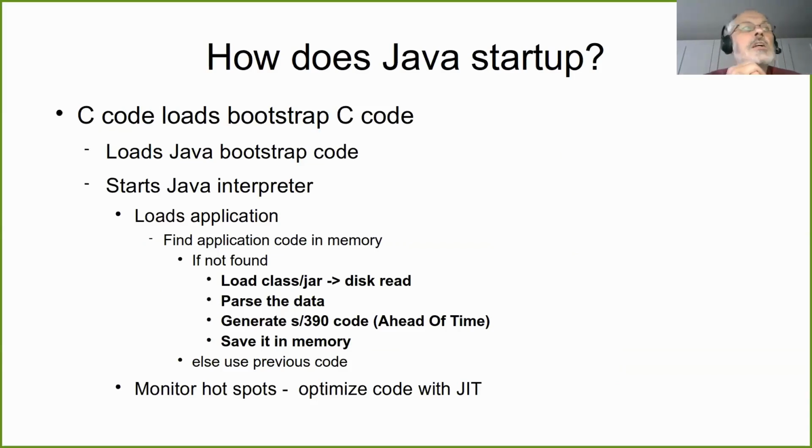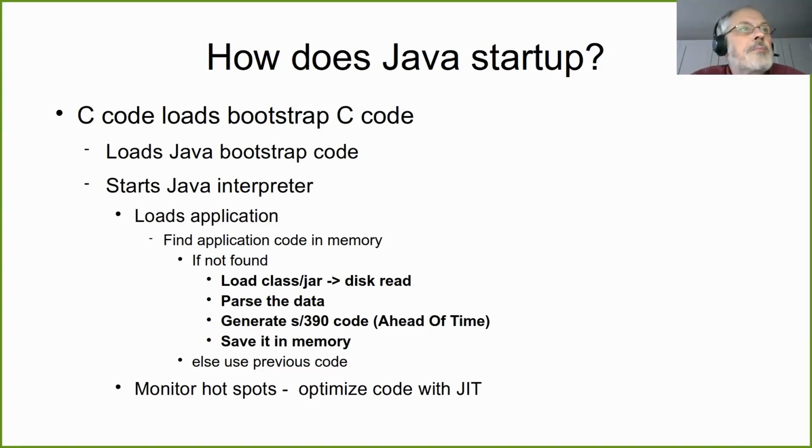Right, so how does Java start up? First of all, there's some C code which basically loads some programs which allow the Java stuff to be loaded. And it loads what's called the bootstrap code. This is the code that Java needs itself to actually execute Java code. And eventually it says, okay, I'll now start the Java interpreter. So now it gets to you, says your program's called myjava.class.